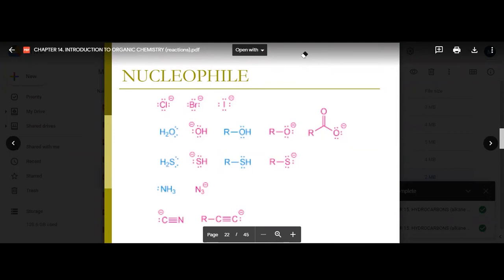An electrophile is an electron deficient species that has not achieved octet yet. A nucleophile can be a neutral species that can donate a lone pair, such as NH3, water, hydrogen sulfide. Those are nucleophiles that exist as neutral species.